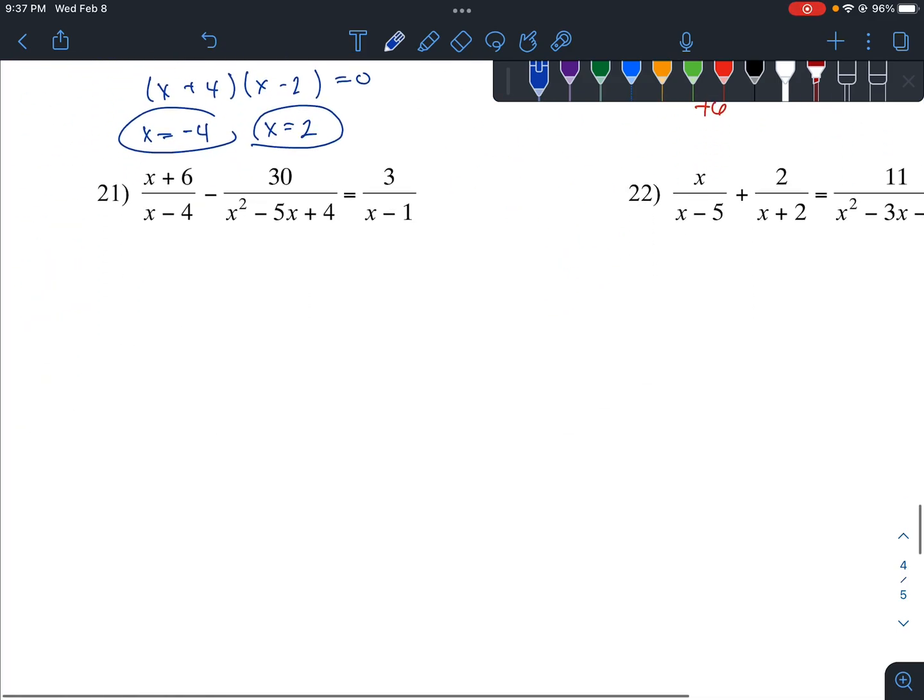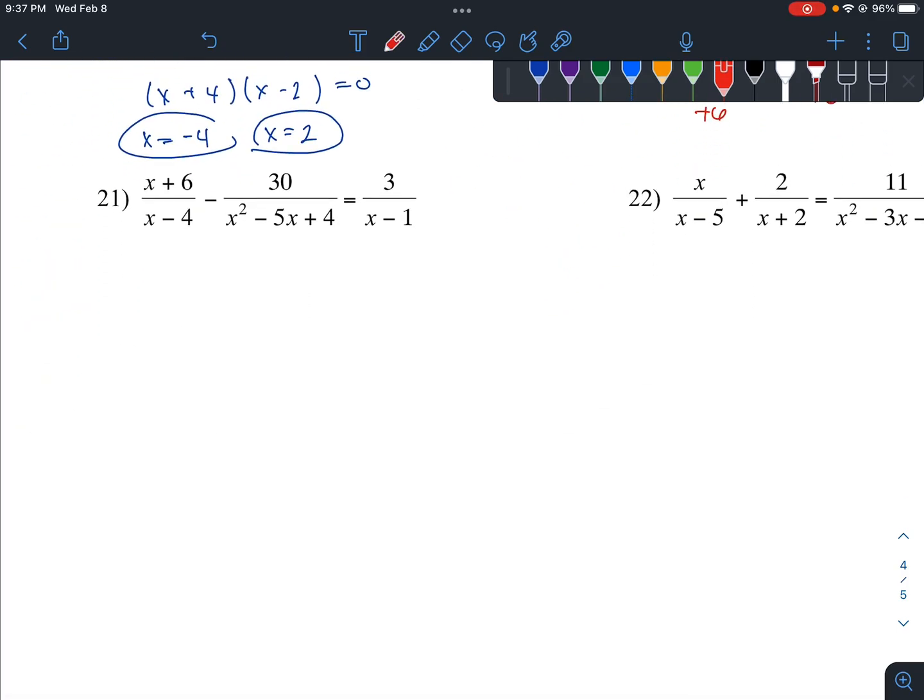Alright, let's try 21. So again, least common denominator. I'm not going to multiply by all three of these. Instead, I'm going to factor this, and I'll see that when I factor it, it consists of the same factors that are here. So my least common denominator is the product of x minus 4 and x minus 1. Okay, I'm going to multiply this by the far one over here.